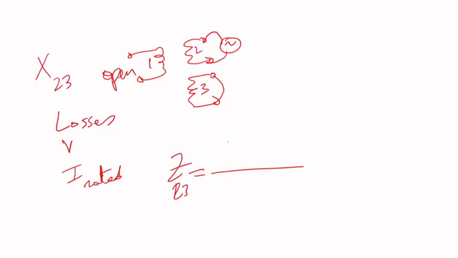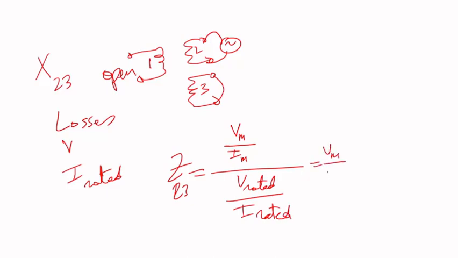So the total equation is voltage you measure divided by the current measured, divided by rated voltage over rated current, which would be measured voltage divided by measured current times I rated, in general, divided by V rated.